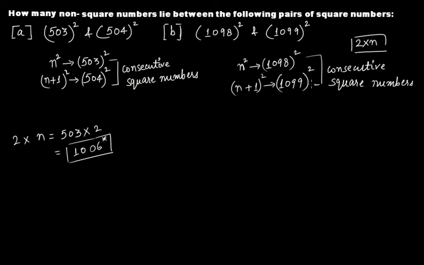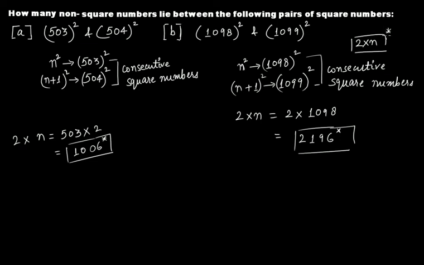Now you have to tell the count of non-square numbers that come between them. The formula is 2 times n, so 2 times 1098. 2 times 8 is 16, carry over 1, 2 times 9 is 18 and 1 is 19, carry 1, and 2. So the number of non-square numbers that come between these two consecutive square numbers is 2196.